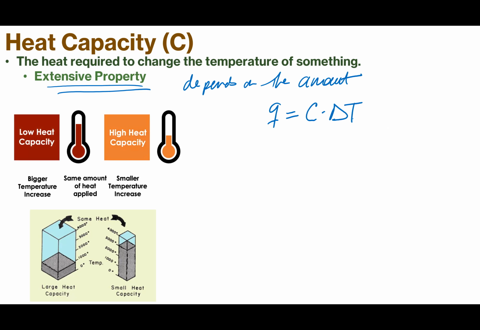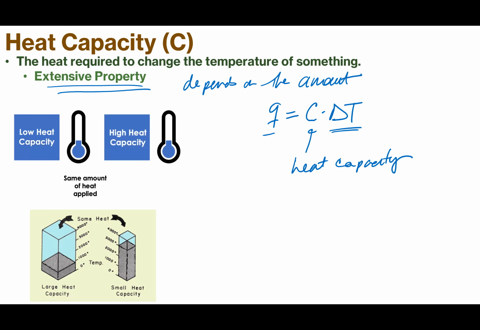That's because heat capacity is extensive, and so the amount has to be built into that. Here's our delta T. Remember, Q is heat. This is our heat capacity. Heat capacity here is going to have units of joules per degree Celsius.